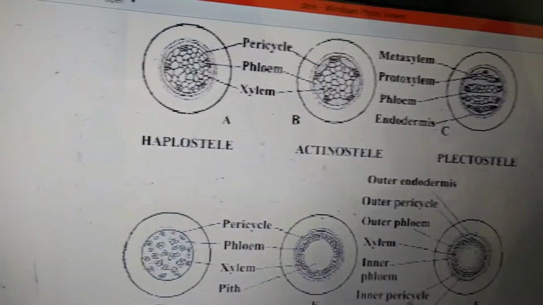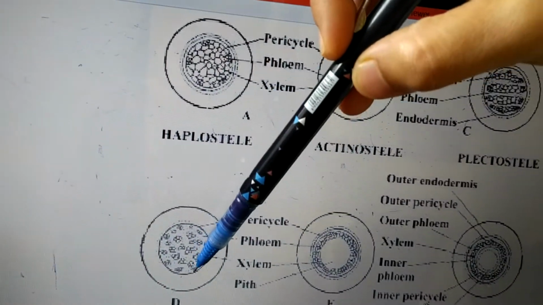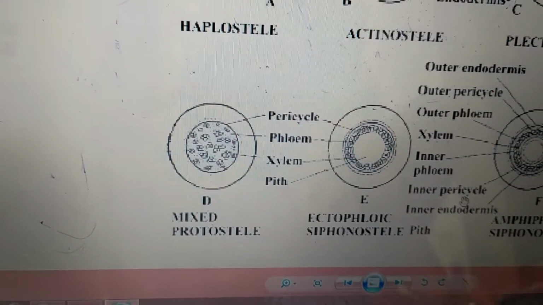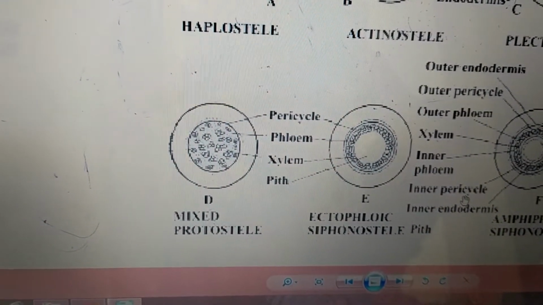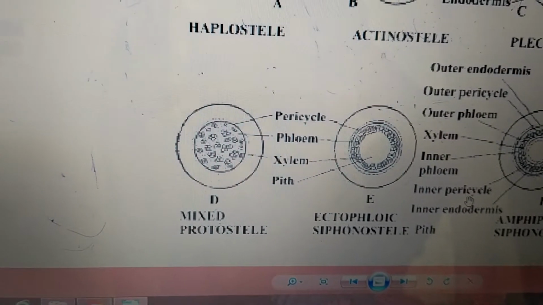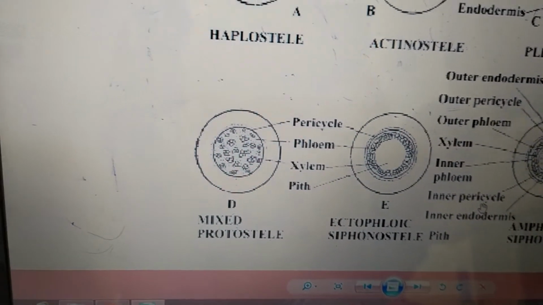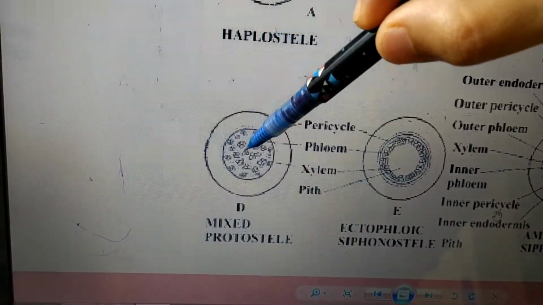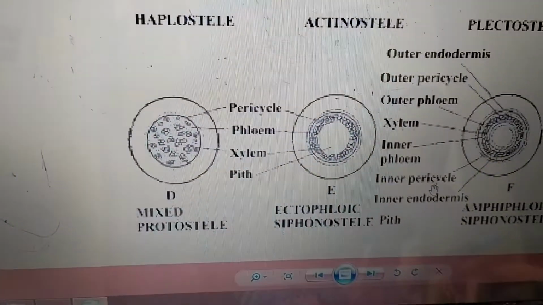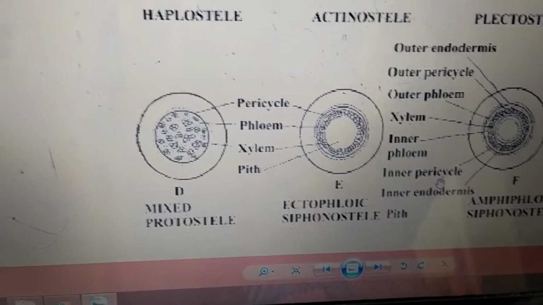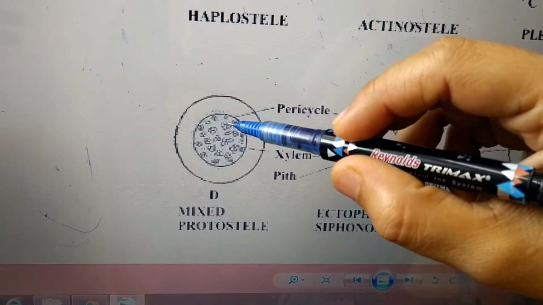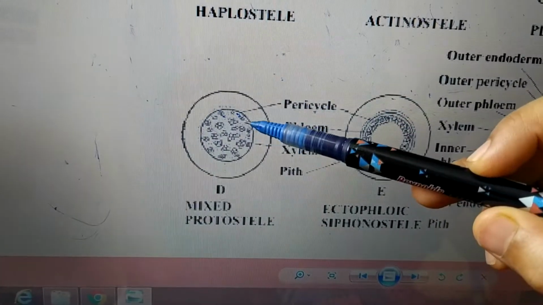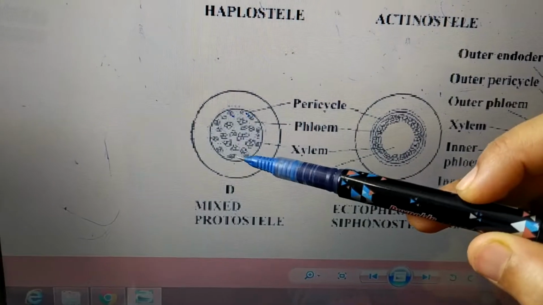The next one is mixed stele, mixed protostele. This is seen again in Lycopodium cernuum. The xylem appears in the form of irregular groups. These irregular groups are nothing but xylem. It seems like these groups are embedded in a ground tissue. This is the ground tissue of phloem.